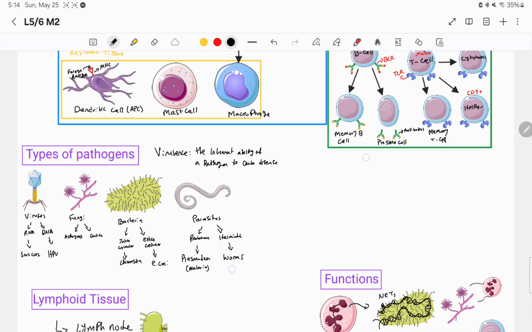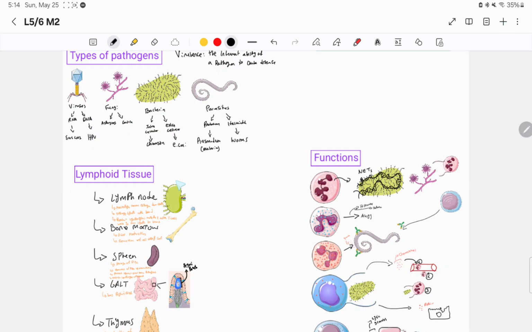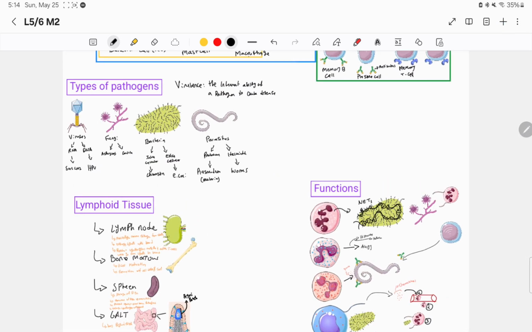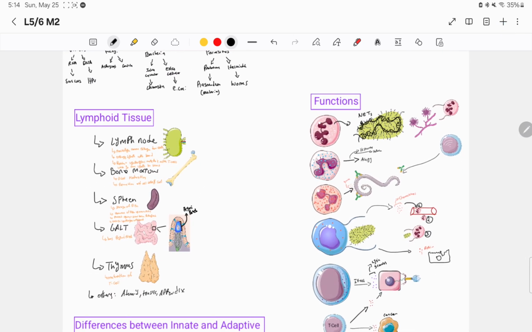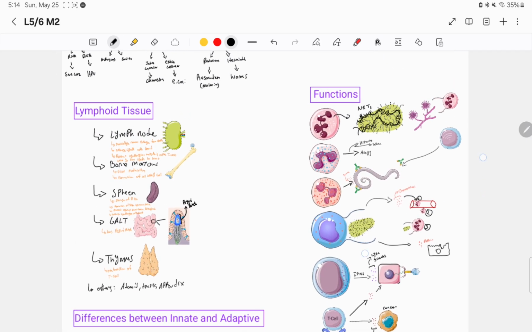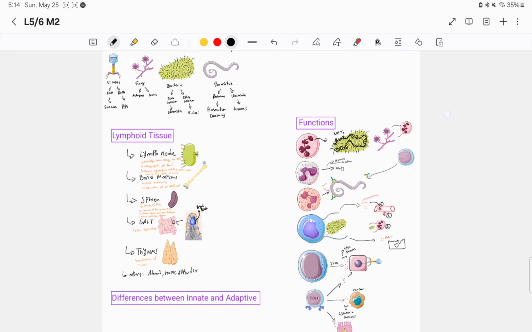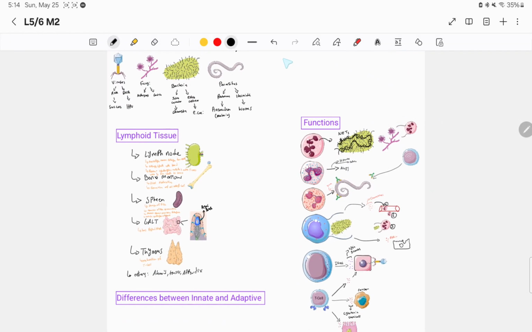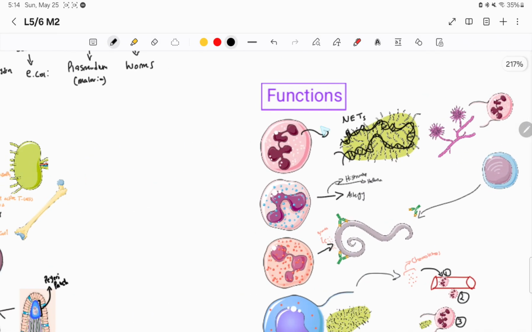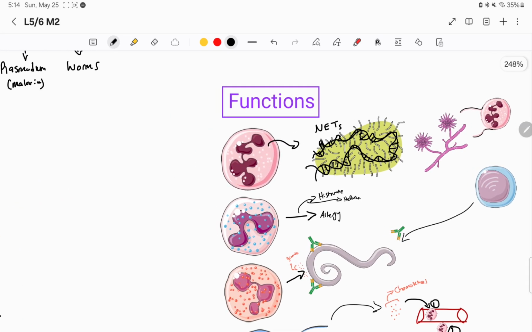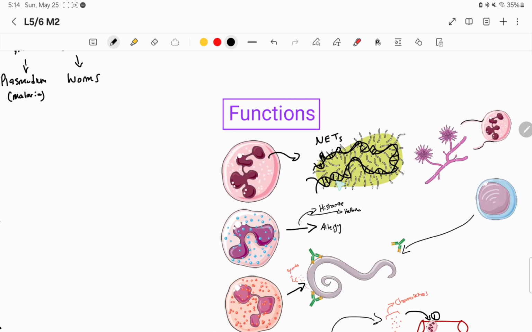Alright, now that we know this, let's talk about the functions of most of these immune cells. Let's start with the neutrophil. The neutrophil mainly is able to target bacteria and fungi.